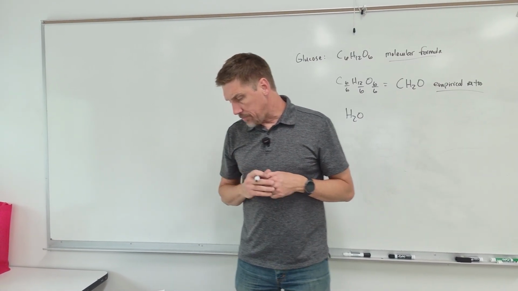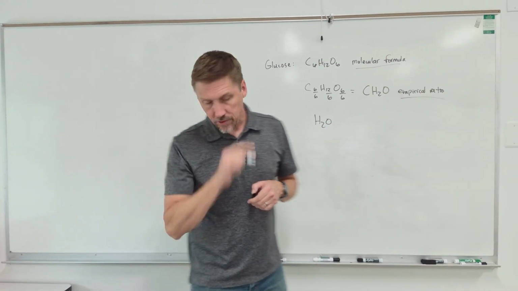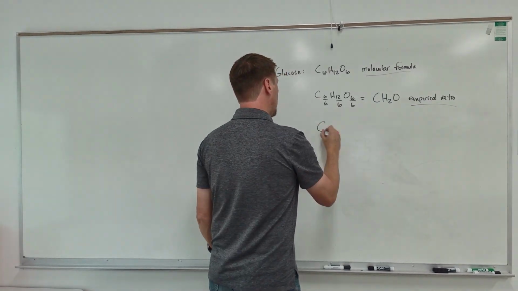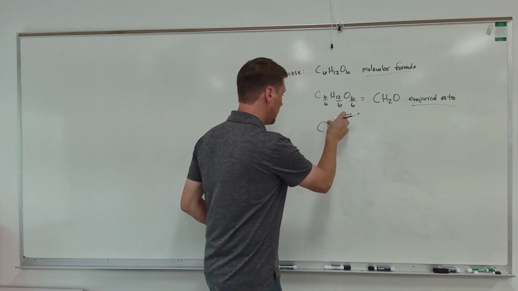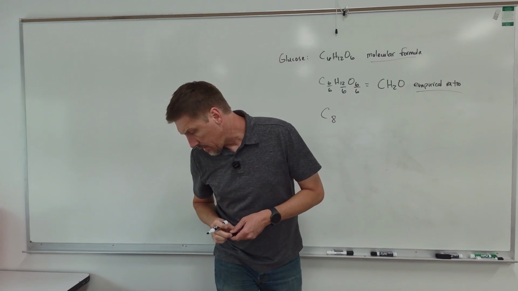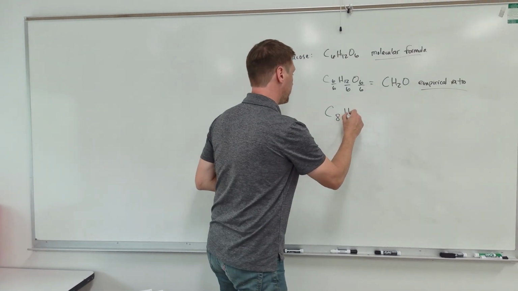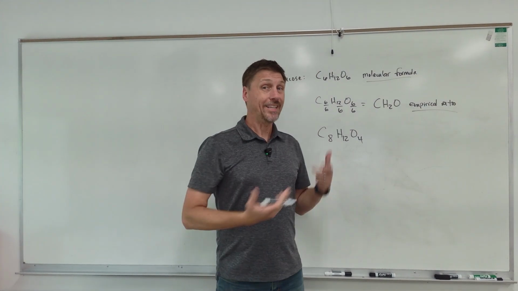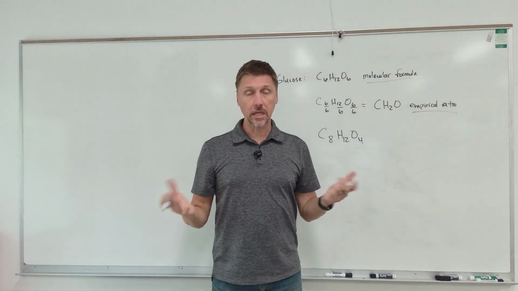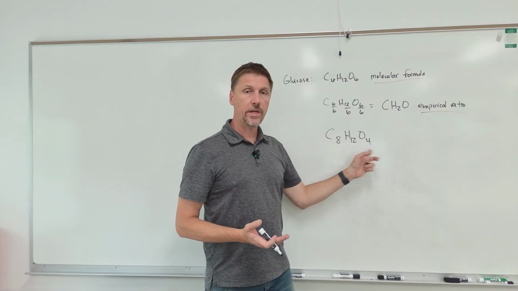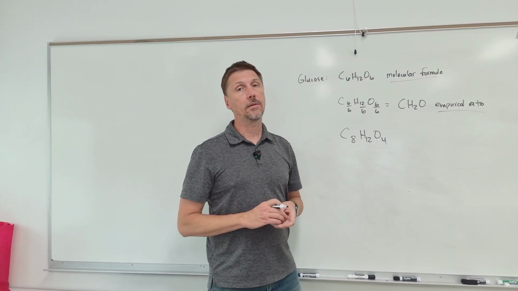Let's look at example 8.2 just real quick and try this again. Example 8.2 says, what's the empirical formula for C8H12O4? Again, we ask ourselves, first of all, is this the empirical formula? It could be, but how do we check? Well, are these three numbers divisible by any number other than 1?